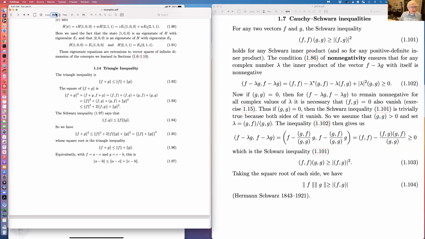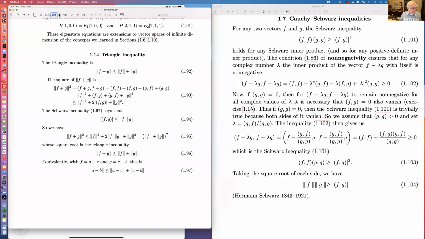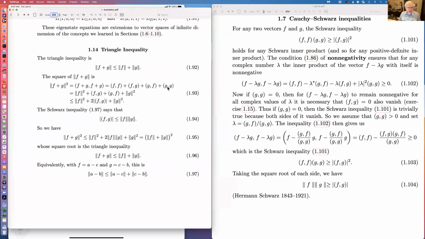And by linearity, that is a sum of these inner products. The first one is the square of the norm of f. The last one is the square of the norm of g. And the ones in between are the inner product of f with g and of g with f.